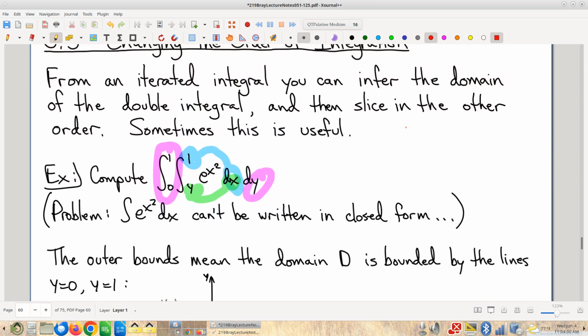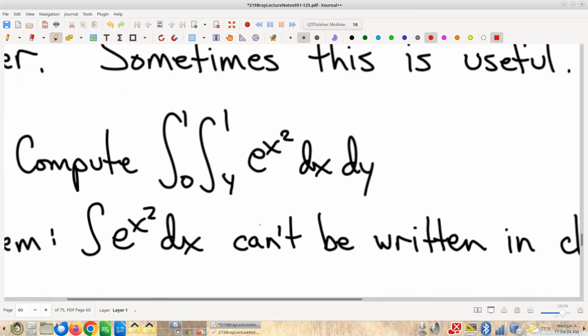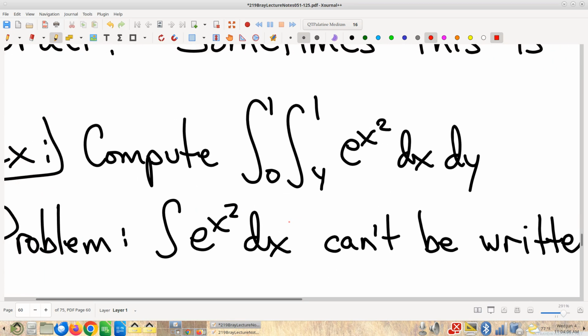Let's look at this original integral. Who needs to switch the bounds anyway? Why don't we just compute this as is? The problem comes from the very inside, so the first actual integral we would have to compute is this one right here in green. How do we compute this integral? Well, we have to find an antiderivative of e to the x squared.